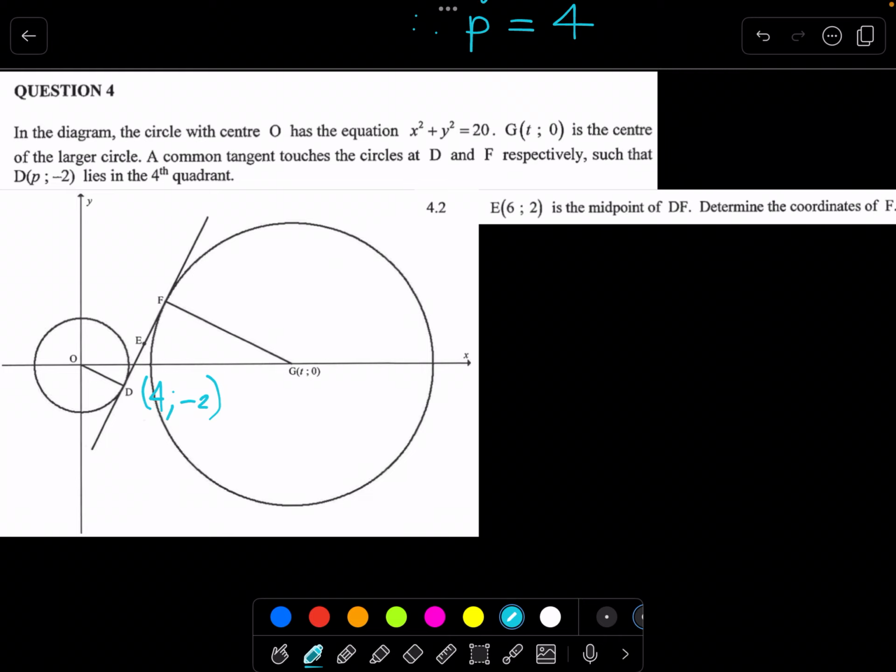The next question says E with coordinates 6, 2 is the midpoint of DF. We are asked to determine the coordinates of F. We know that the midpoint of DF is given by the average of the x coordinates and the average of the y coordinates.